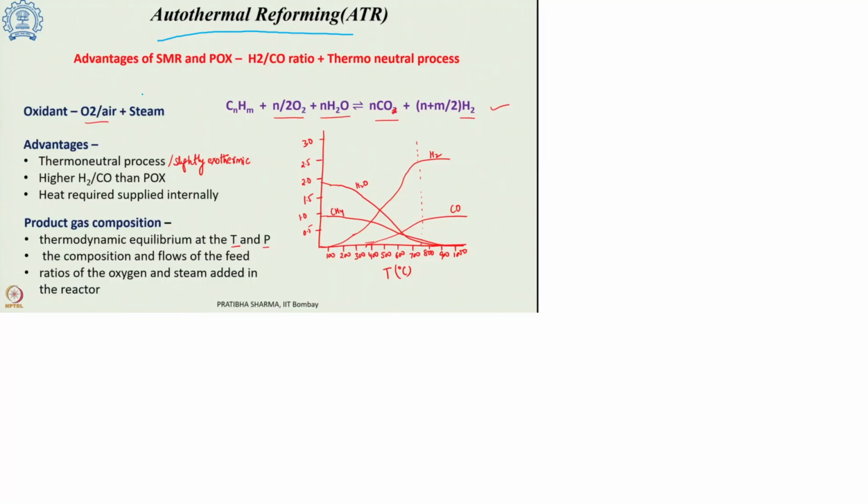Autothermal means, as I told you, that endothermic reactions and exothermic reactions happen simultaneously. The heat required for the endothermic reactions will be provided from the exothermic reactions.